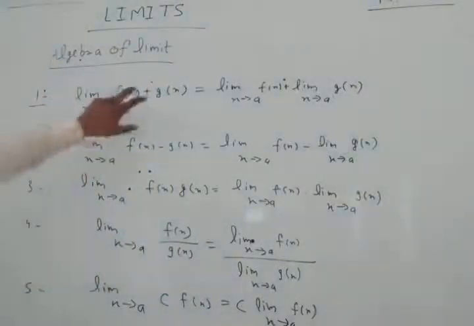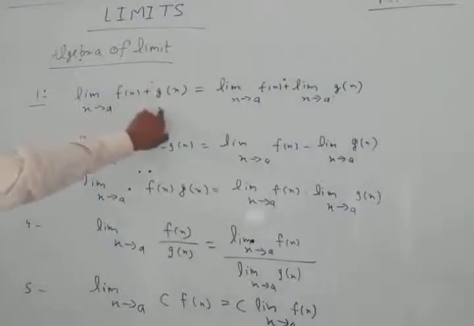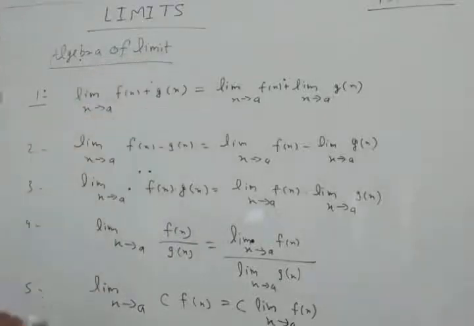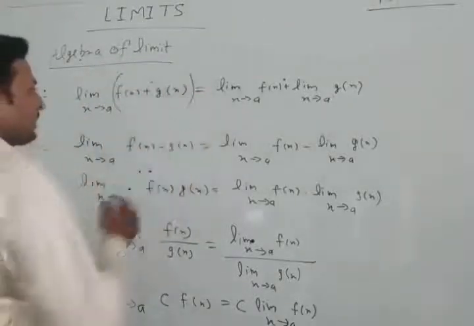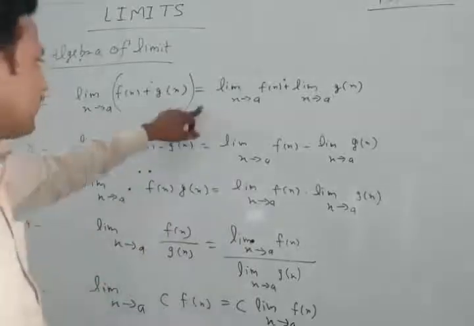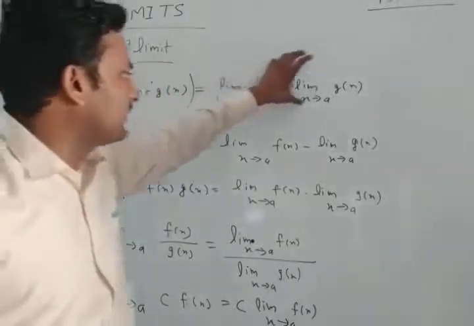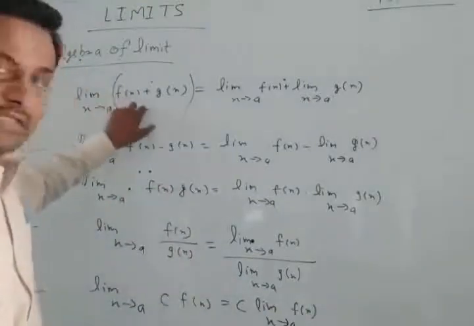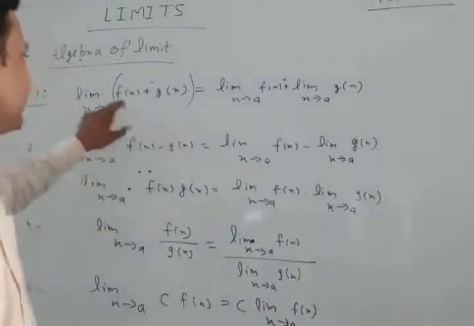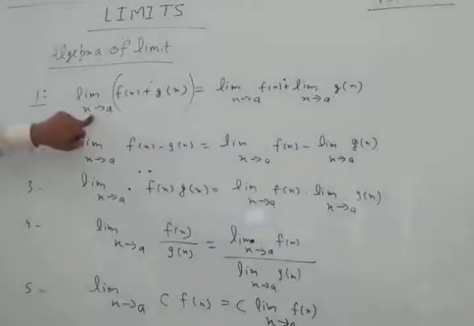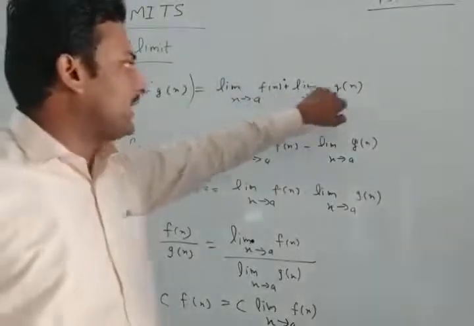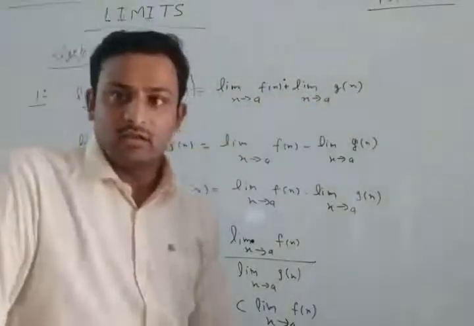Look, if we are taking the sum of two functions, f(x) and g(x), then the limit of the sum of two functions is what? The limit of the functions, okay? Means if there are two functions f(x) and g(x), and we have to apply the limit x tends to a, then we get the limit of the first function plus the limit of the second function.